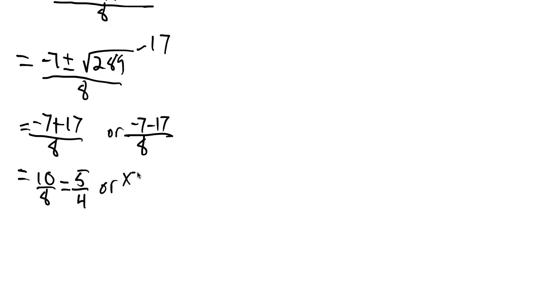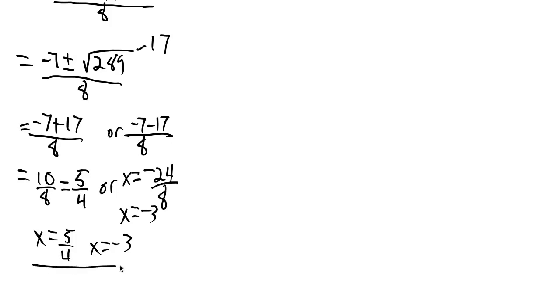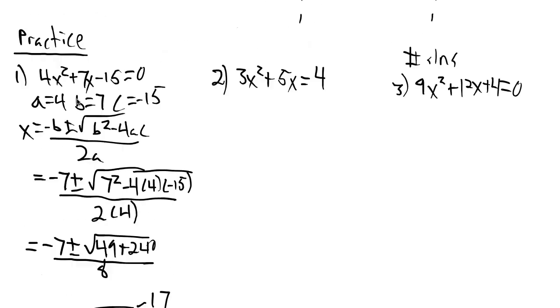Or we get x is equal to negative 7 minus 17 will give us negative 24 over 8, or negative 3. So our answers are x is equal to 5 over 4, and x is equal to negative 3. If you put those back in, you would see that this does come out to be 0. Let's go through with the next one.